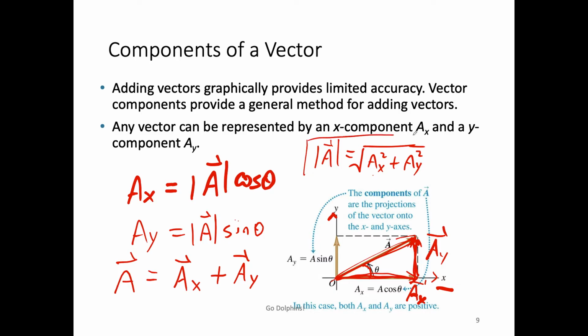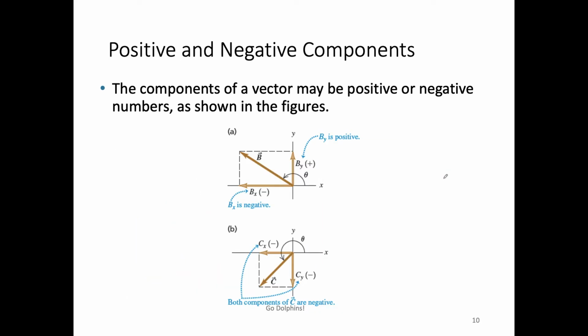This is a relation between the magnitude of a vector and its components. And the components of a vector can be positive or negative, depending on the angle of the vector.